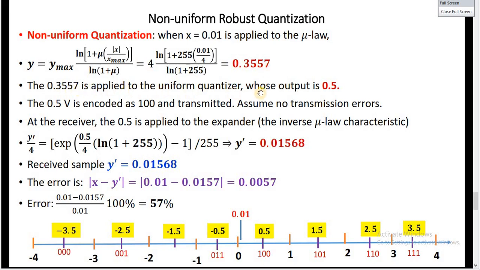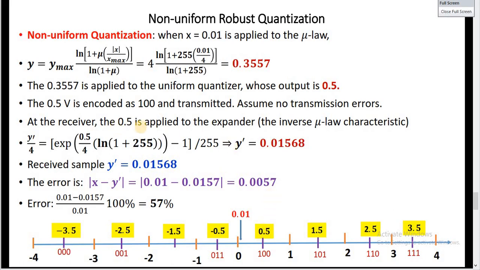The 0.3557 is applied to the uniform quantizer, and therefore the output of the quantizer is 0.5. The 0.5 volts is encoded as 100 and transmitted. We assume that no transmission error occurs. At the receiver, what is received is the 0.5 volts.